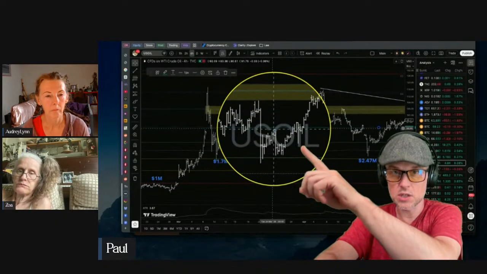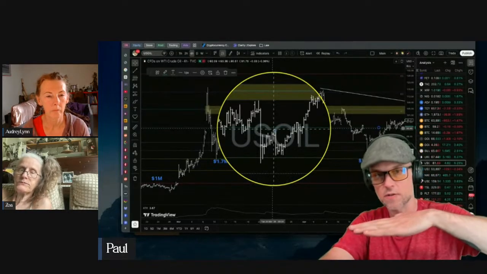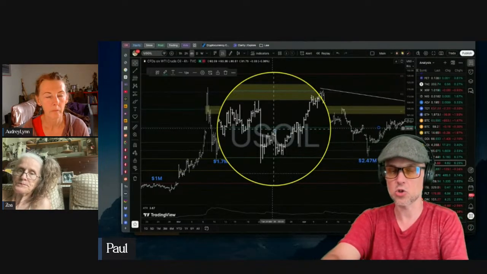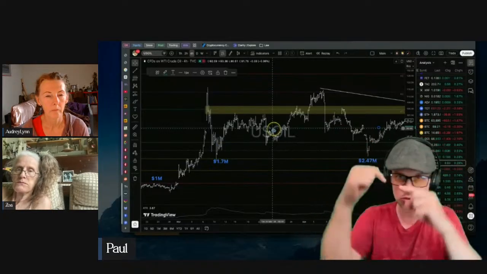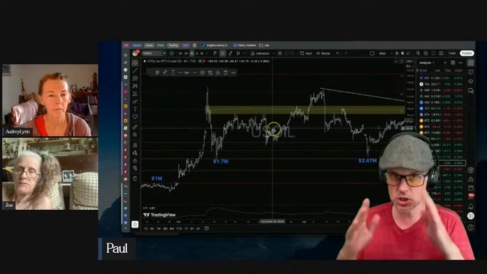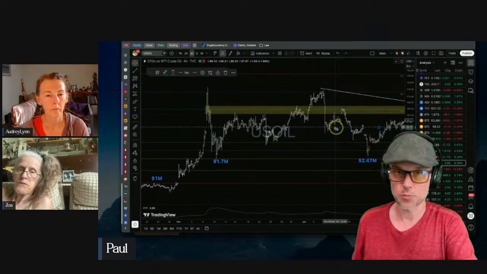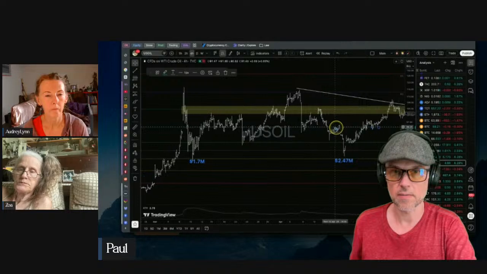So that's resistance, where that price point is providing resistance for the price, pushing it back down again. Wherever we see the price do those reversals, it's very likely that we will see the price reverse in that area again. And it's because it's a high volume area.